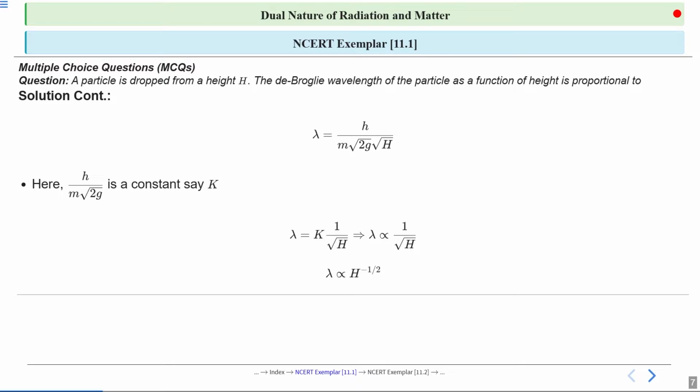Finally, we can express this proportionality as lambda is proportional to h to the power of minus half. So 1 upon root h can be written as h raised to power minus half. This summarizes our result: the de Broglie wavelength gets smaller as the particle falls from a greater height, following an inverse square root relationship.